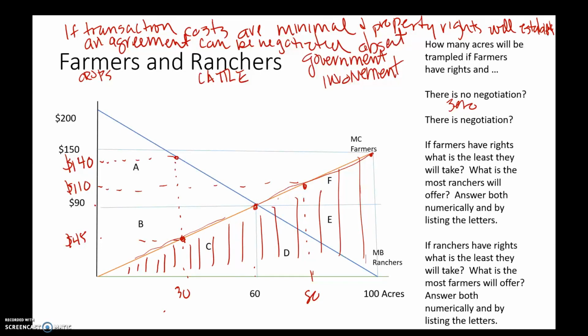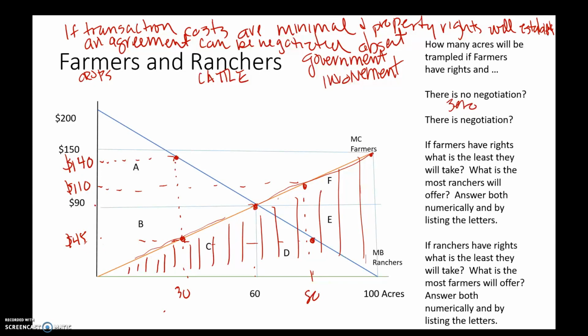If we want to do the same for the benefits for ranchers, you can see that the benefit to a rancher of trampling 30 acres is $40. The 30th acre is $40. The 60th acre is $90. The 80th acre looks like it has a benefit of like $45.